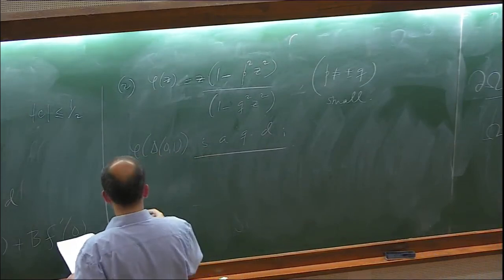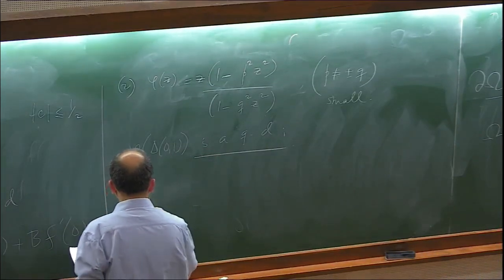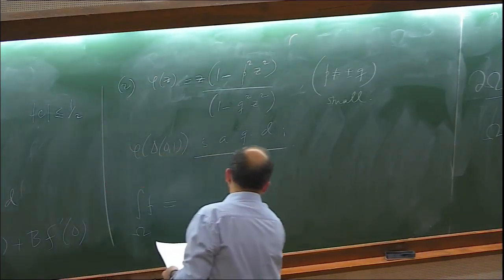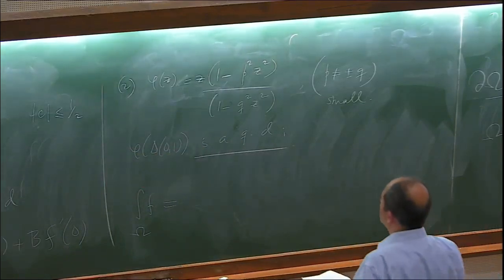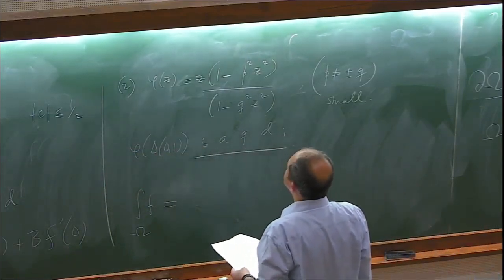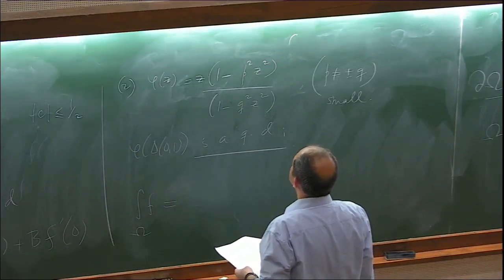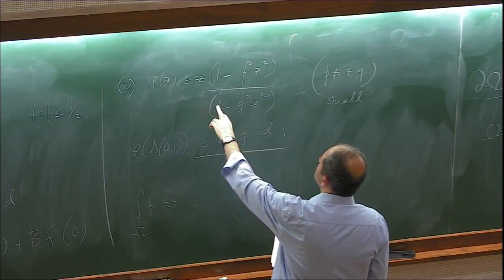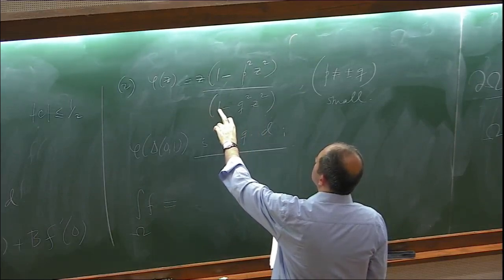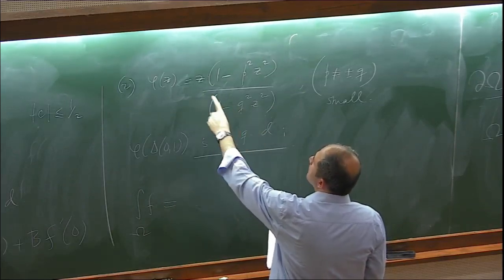And the identity in this case takes this form. So what are the poles? The poles are at the points plus minus 1 over q. And there's one at infinity.